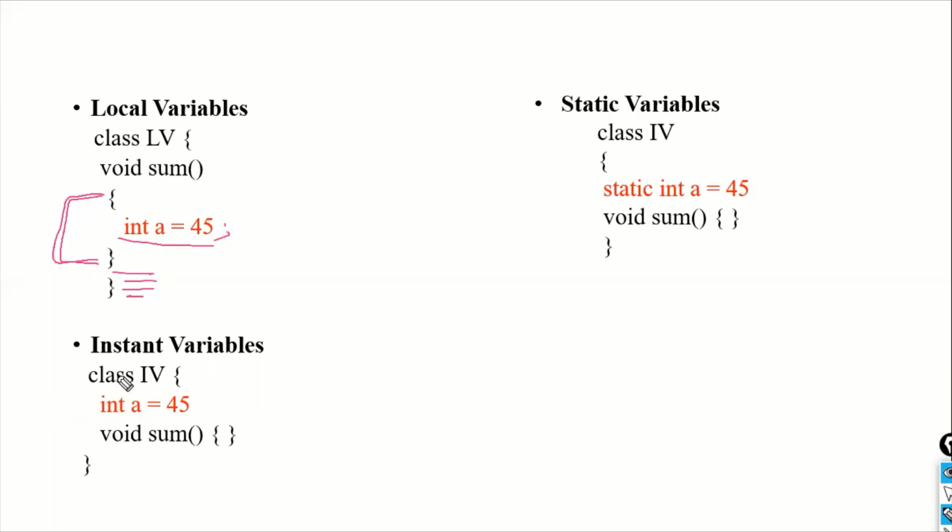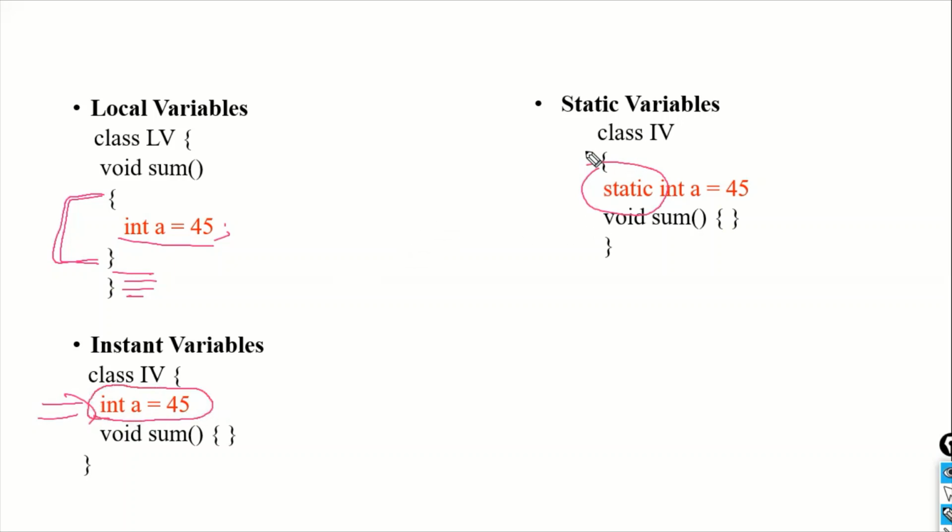Instance variables or static variables are the variables declared at the class level. All static variables are defined with the static keyword, and instance variables do not have the static keyword, so the non-static variables are called instance variables.